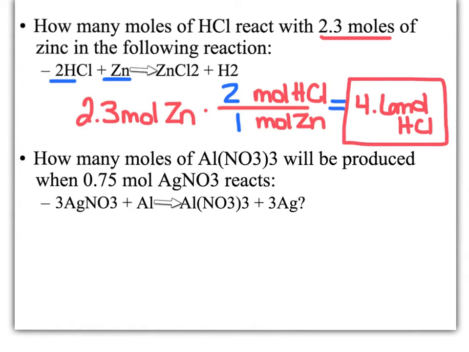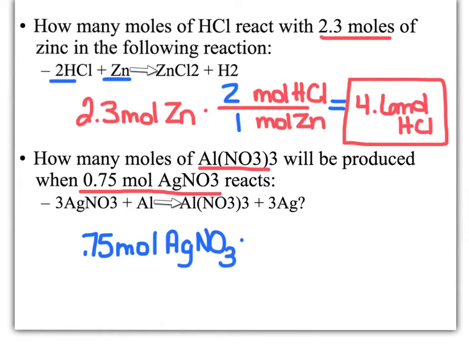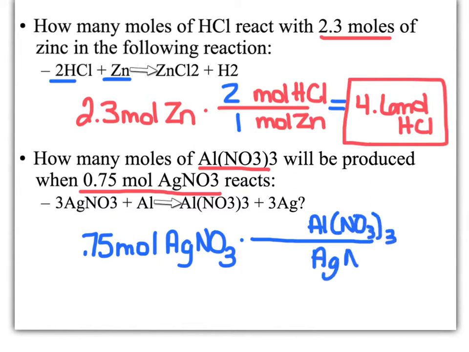Now let's look at one more. So for our second one, they're asking us how many moles of aluminum nitrate will be made when 0.75 moles of silver nitrate reacts, and they're giving you the equation. So again, our first step is to start with the one piece of information you've been given, which is 0.75 moles of silver nitrate. Now, they're giving us silver nitrate, they're asking us for aluminum nitrate. So we're going to put the one they're asking for on the top, and the one we want to get rid of on the bottom, and now we go to the equation to look at the relationship.